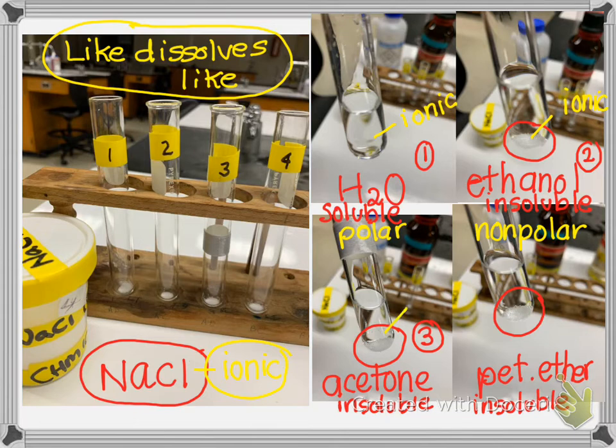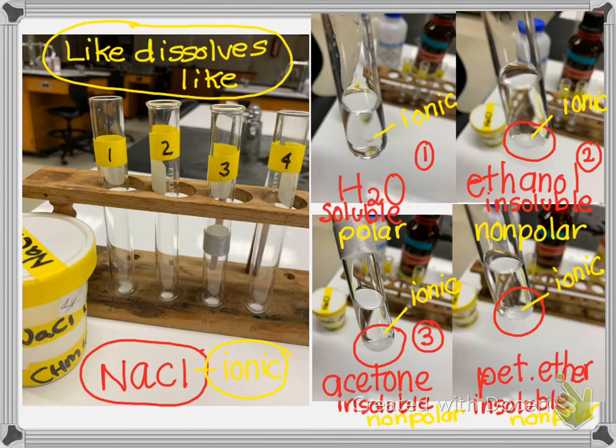So salt, again, is always ionic, so it would be ionic the whole way through. And both acetone and petroleum ether are nonpolar. So the rule, like dissolves like, means that things that are not similar will not dissolve, and things that are similar will dissolve. So ionic substances must be similar to polar because they dissolve, but it's not similar to nonpolar.